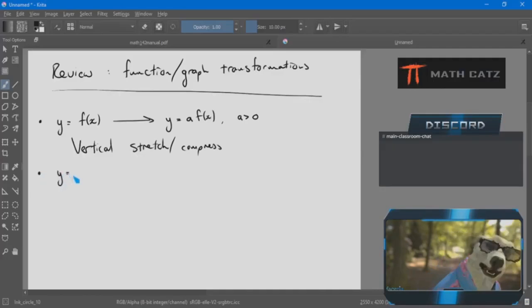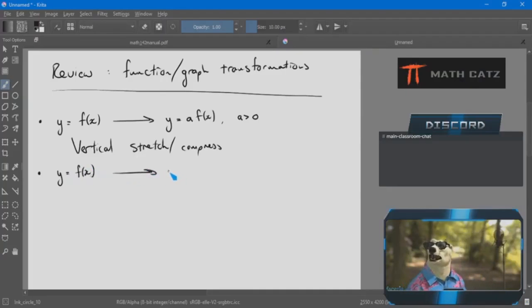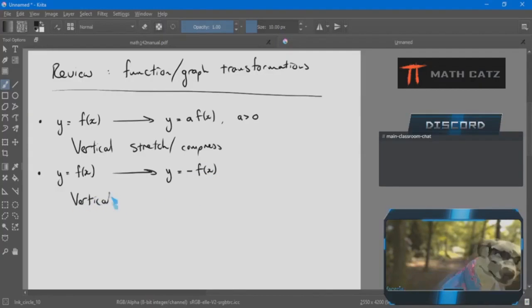Next, and these can be shuffled around, if I have some function, it could be y equals x squared, but it's not limited to that, and I multiply the whole right-hand side by -1. Again, that's a vertical effect on the graph. It's a vertical reflection, I'll call it.